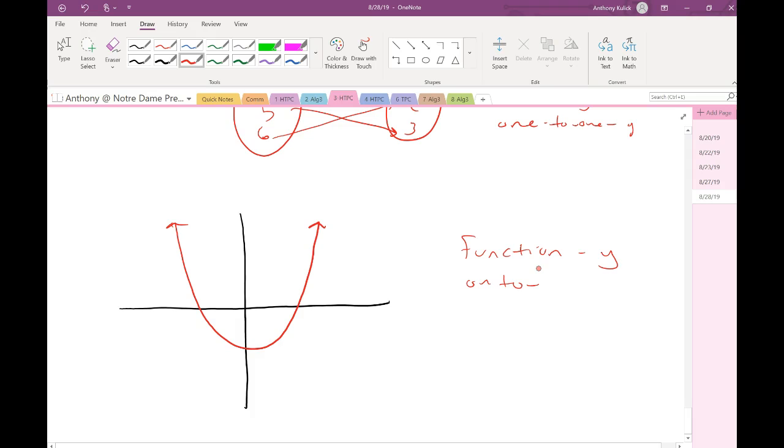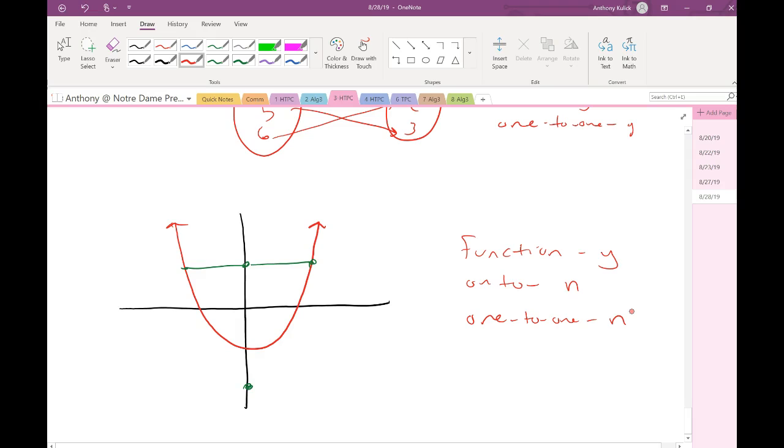No. It's not every y. So if I pick, say, this y coordinate, there's no x value that gives me that. Everybody see that? Is it one-to-one? Nope. If I pick this y coordinate, it's used by two separate x's. Everybody agree with that?